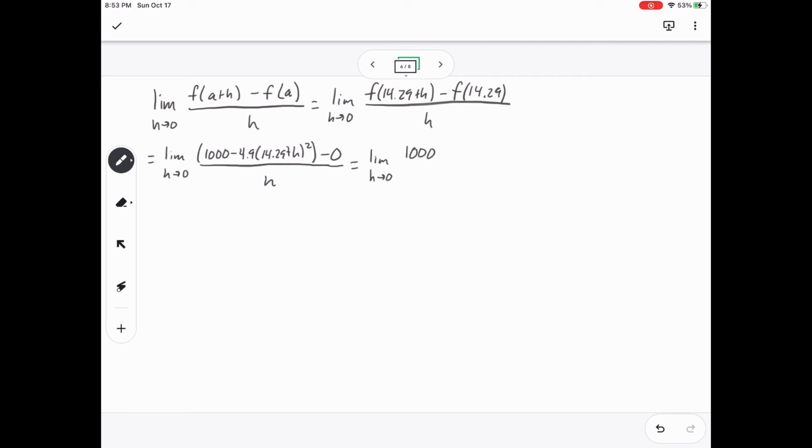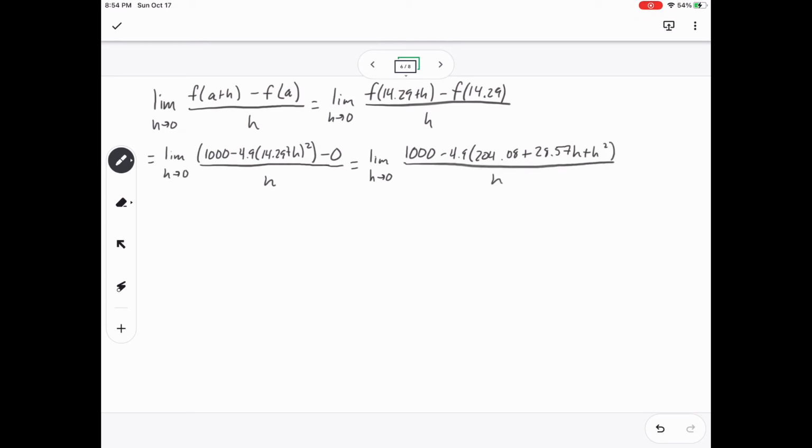I'm going to have to multiply that out because it's 14.29 plus h times 14.29 plus h. So multiplying that out gets me 14.29 squared, so I already have that number, 204.08, times 2 gets me 28.57h, and then plus h squared.